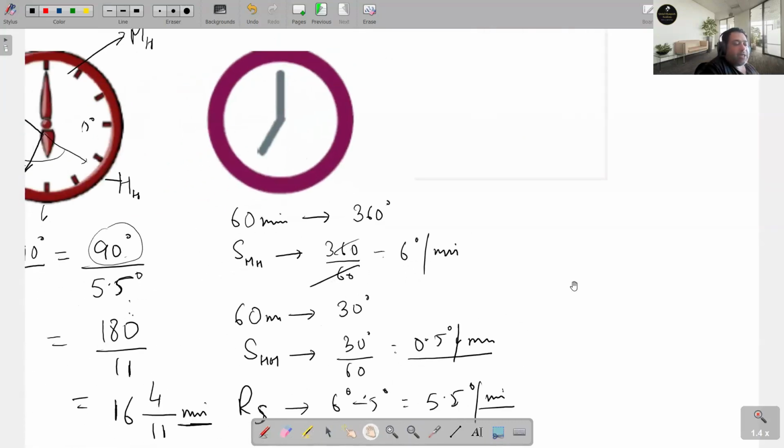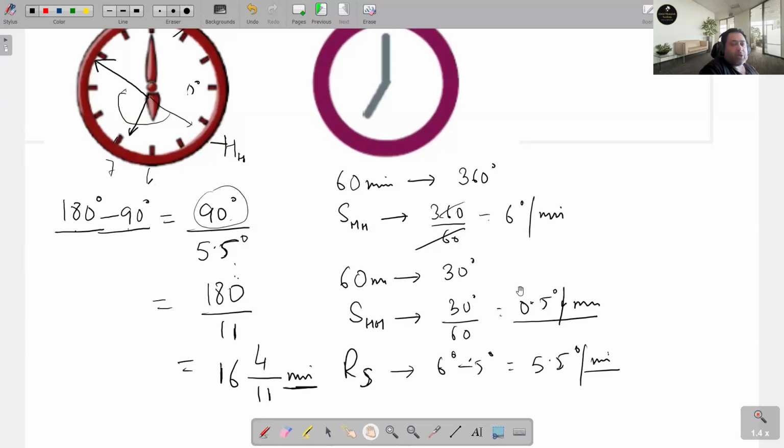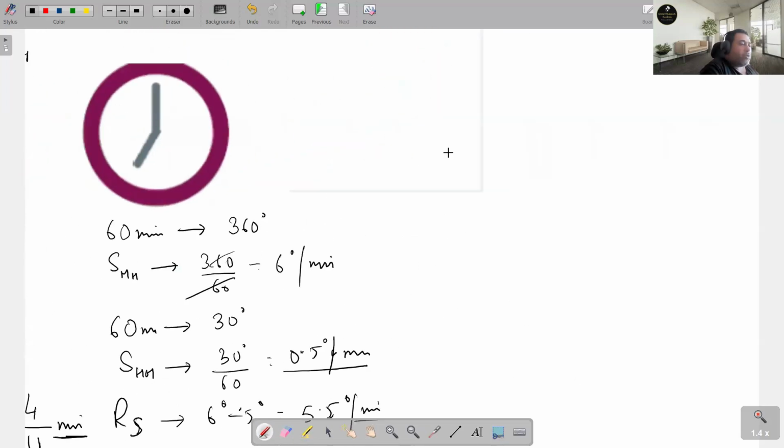If you understand that aspect, then you need not do this aspect also. So basically, all you have to understand is that it is covering another 180 degrees relatively, and divided by 5.5 is the relative speed.